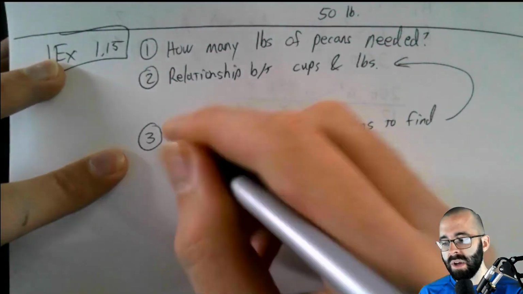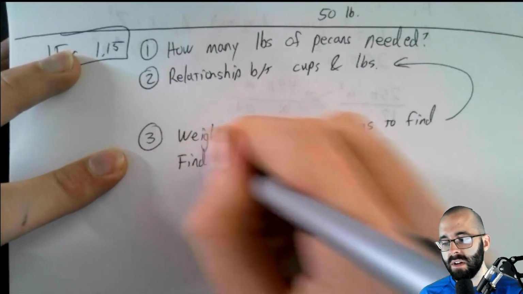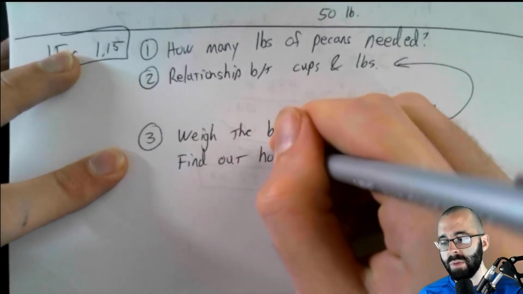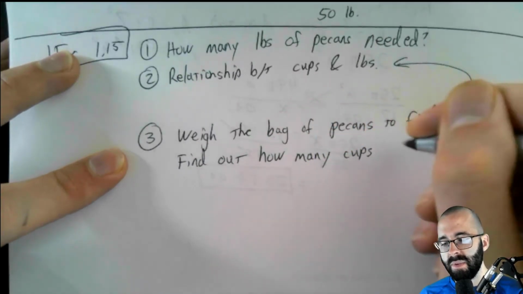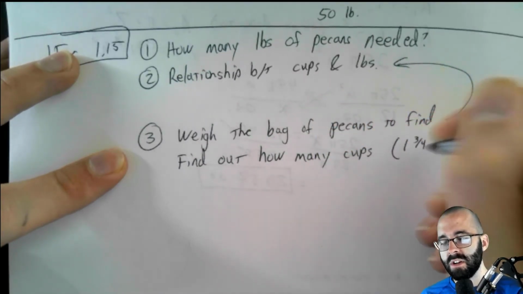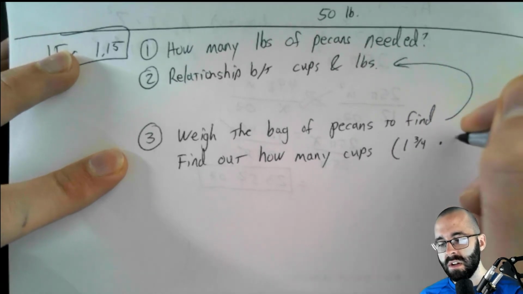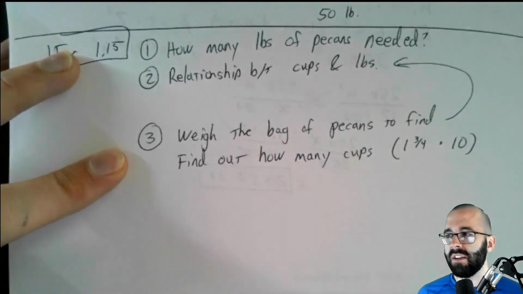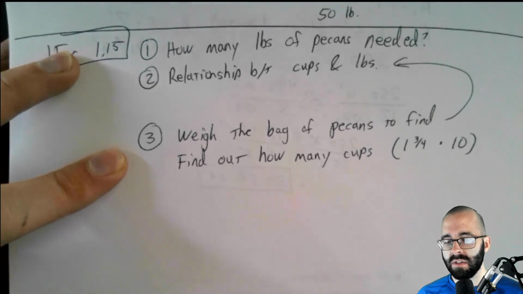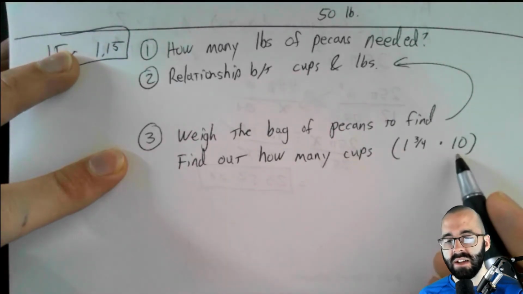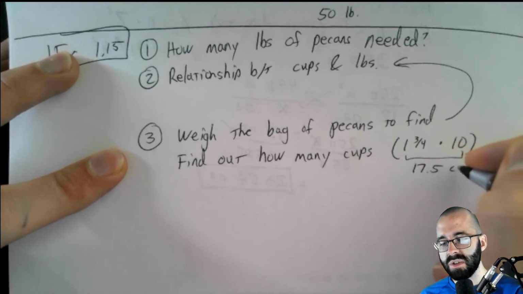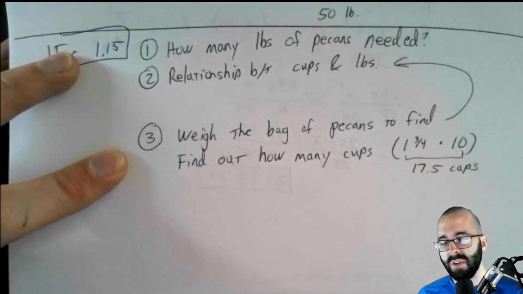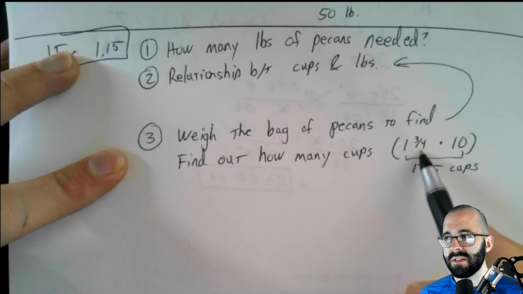Once we do that, we also need to find out how many cups we need, because we need 1 3/4 for each, and we're making 10 of those. So it's 1.75 times 10. That's 17.5 cups. Be very careful when you're multiplying with mixed numbers.